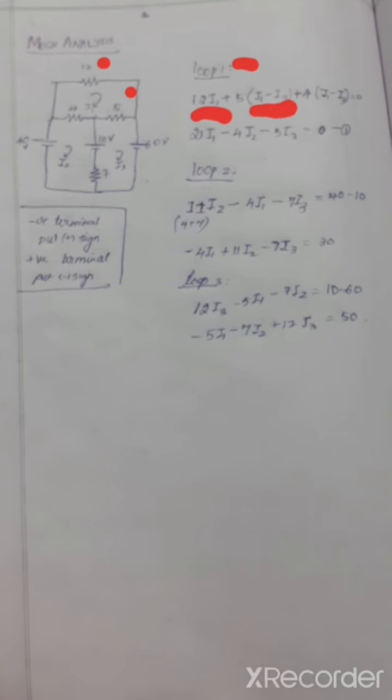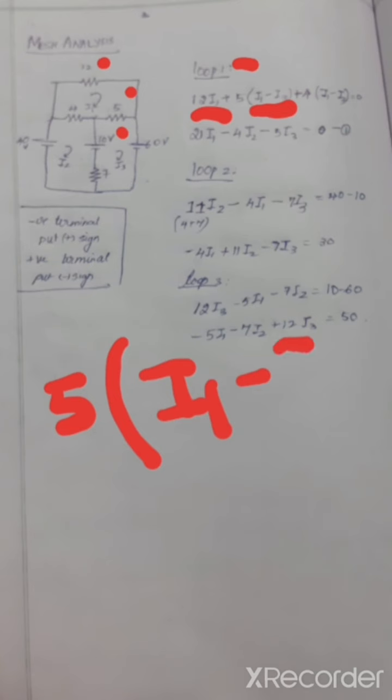How does this come? 5 is the value of the resistor into the current. When you consider loop 1, I1 must be given first preference, minus I3, because the 5 ohm resistance lies between loops 1 and 3, correct? So first preference is given to I1, and the next current flowing here, I3, is included with a negative sign.